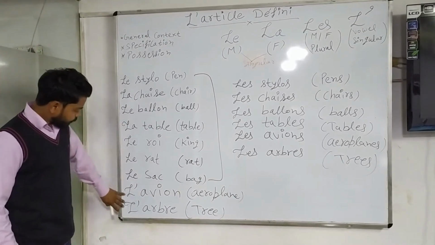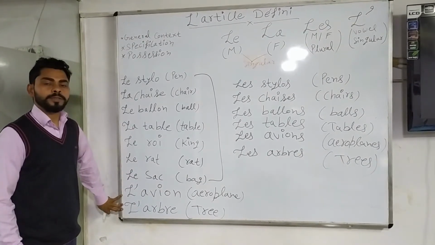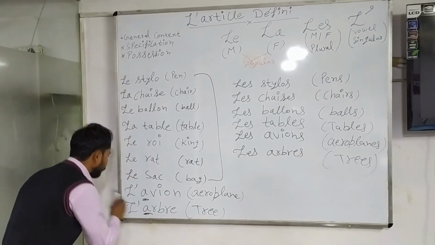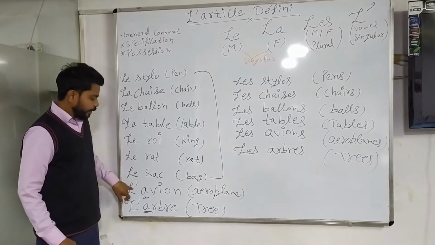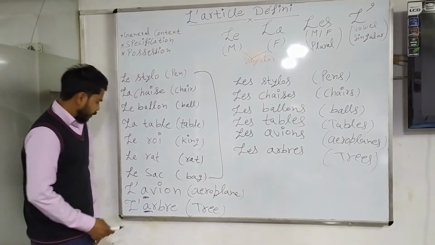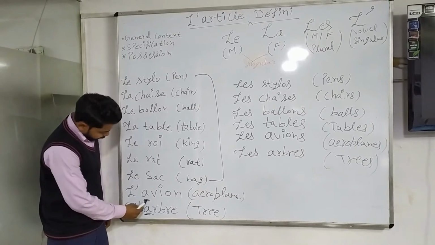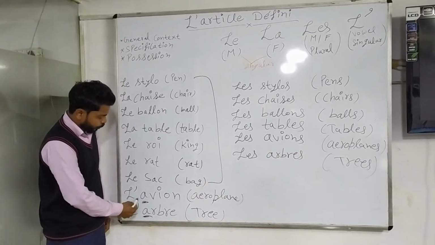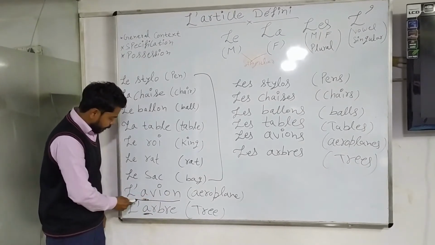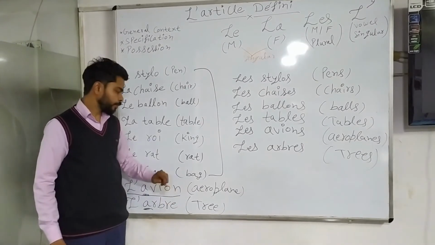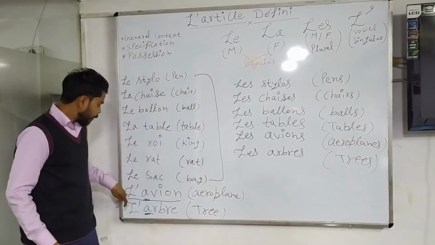And now we have two nouns here which are starting with a vowel, you can see that. And we have the apostrophe which I had shared with you. For any vowel we will use this l' apostrophe. So we'll call this l'avion. L'avion. Yes, you try, Sachin.